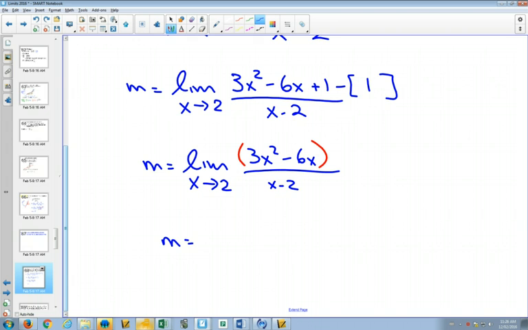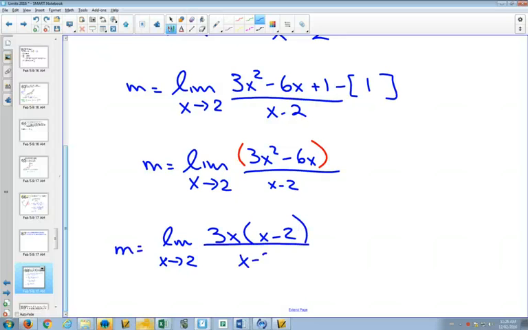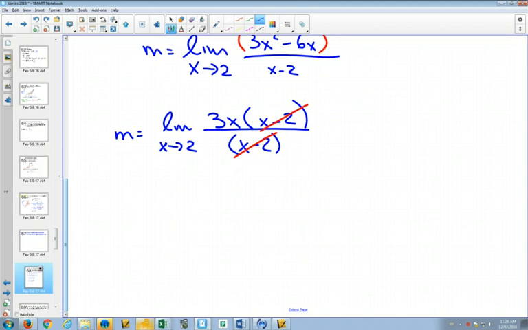But if we factor out a 3x, whoops, I forgot my limit. Limit as x goes to 2. So we have to write that limit every single time until we evaluate it. And now that we've factored out the 3x and simplified the x minus 2, we can evaluate. So our slope is going to equal 6.